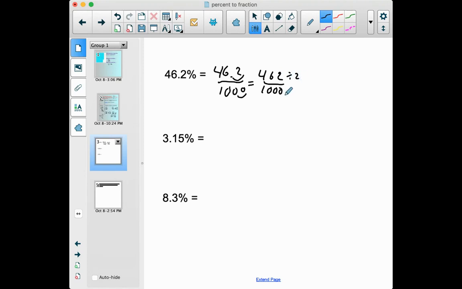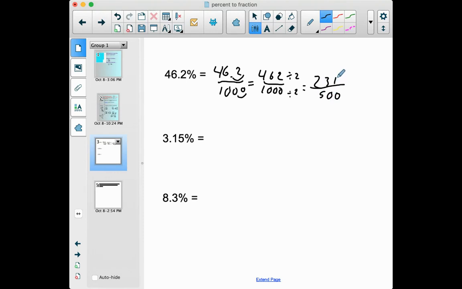That may not be the biggest number they're divisible by, but I'm going to try it. Dividing by 2, I get 231 over 500. As I try to reduce this, there's actually no other number that goes into both of these. So that is as much as I'm going to reduce.